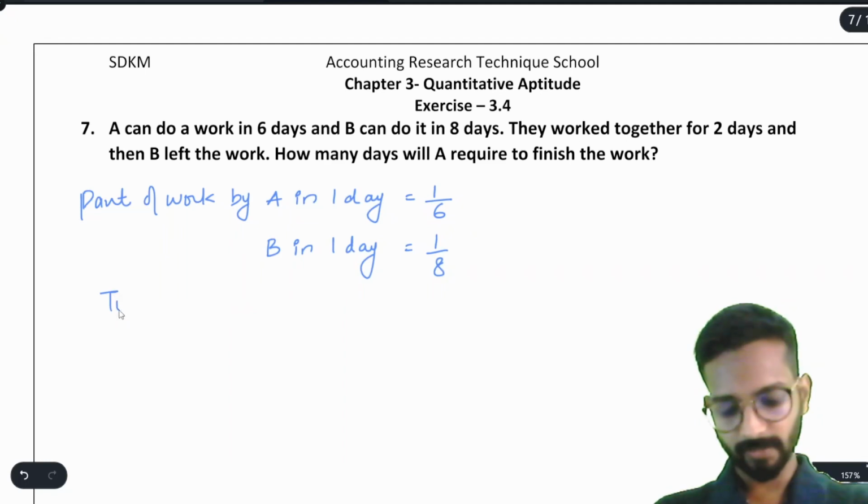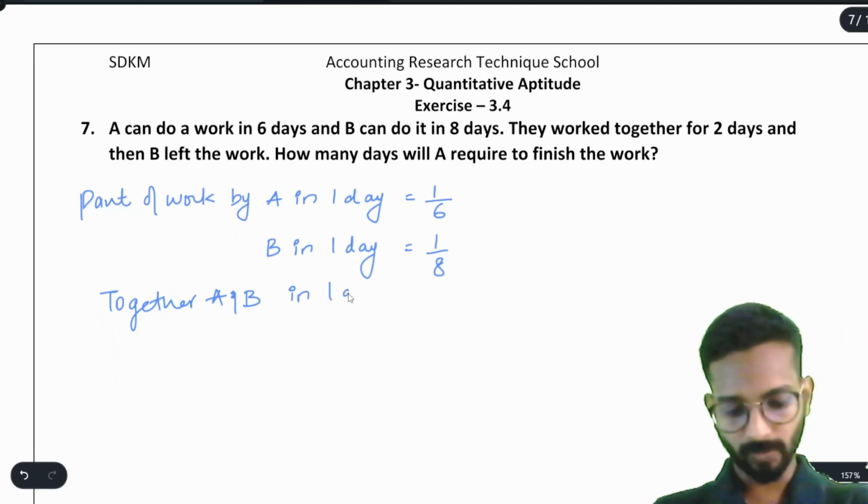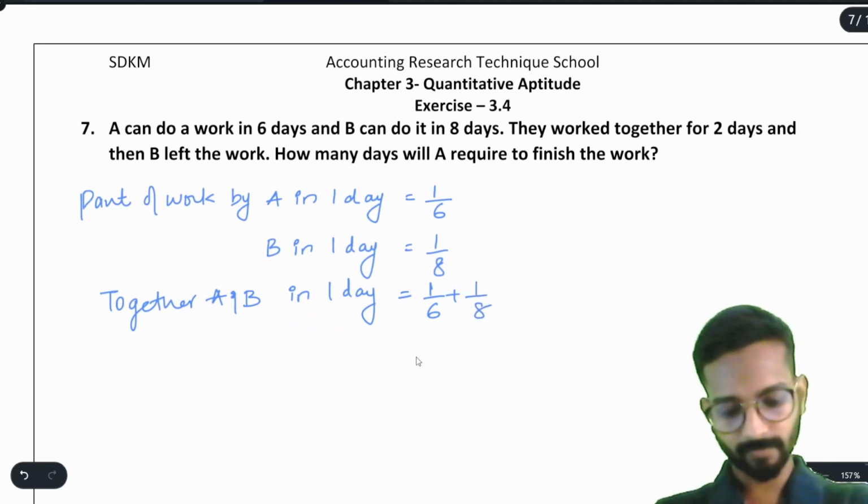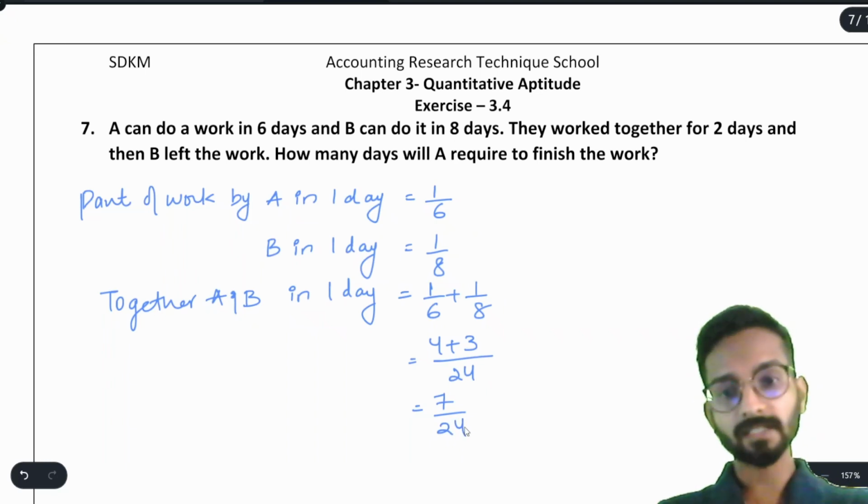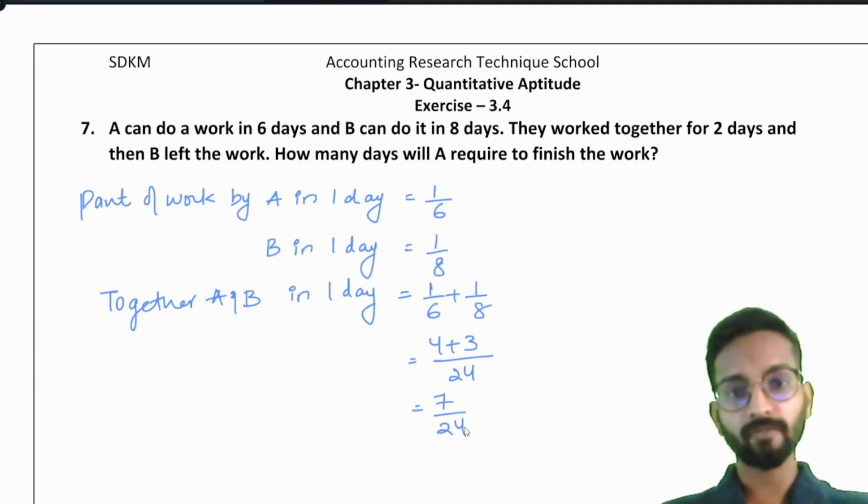So together A and B in 1 day is how much? 1 by 6 plus 1 by 8. It will be around 24. 4 plus 3, so it is 7 by 24. Okay. This is A and B working together for 1 day.